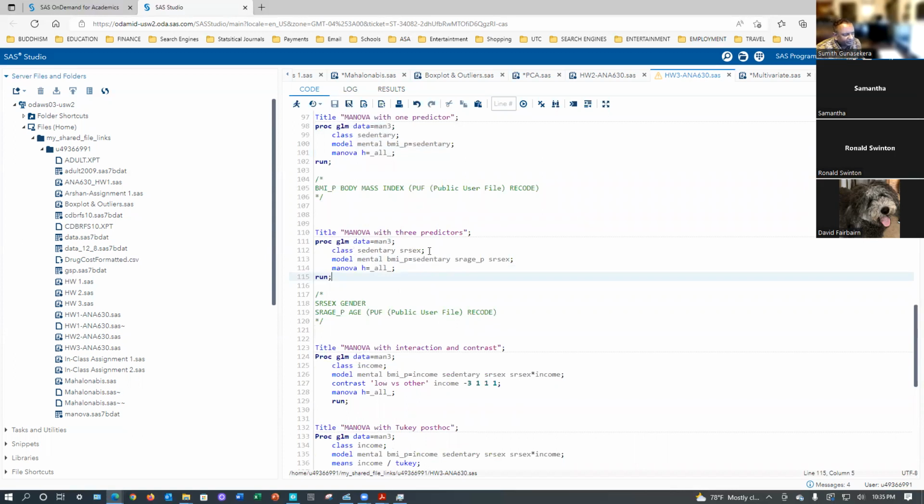I think we're missing another class over here. We should have this one too. Three classes, three predictors. These two variables, each one has.